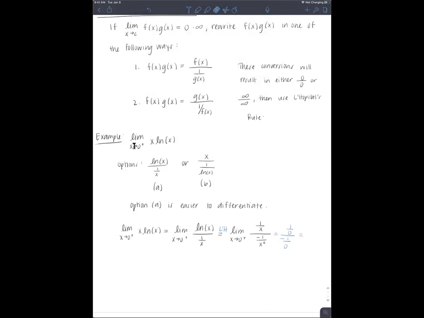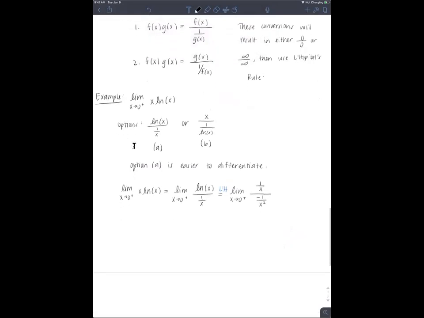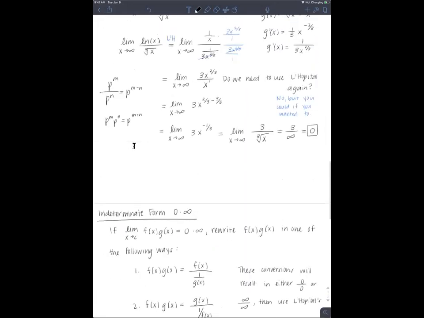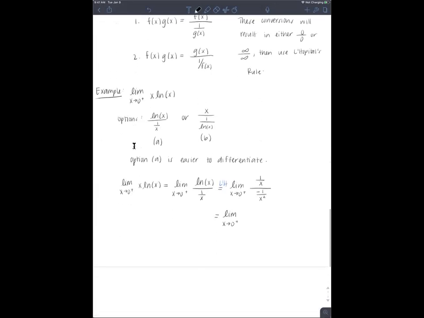Basically I can't plug 0 into it just yet. So I can do something that makes it a little bit easier to work with, the same thing that we did in the last example, where I don't want 3 or 4 fractions, I just want 1. And so I can rewrite this as negative x squared over x. Does everybody see that?